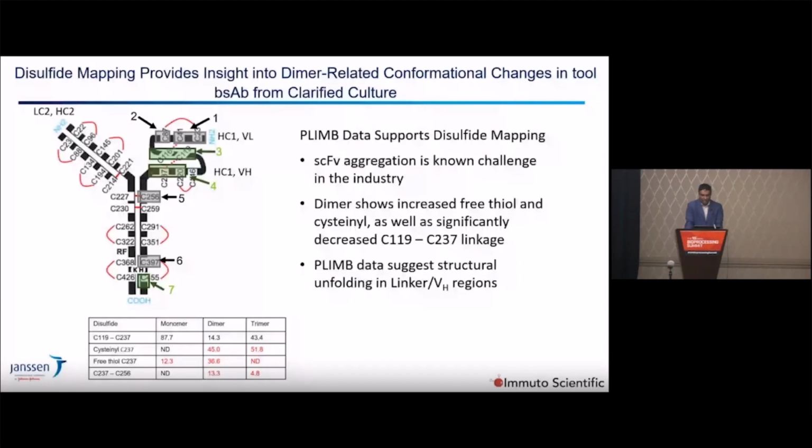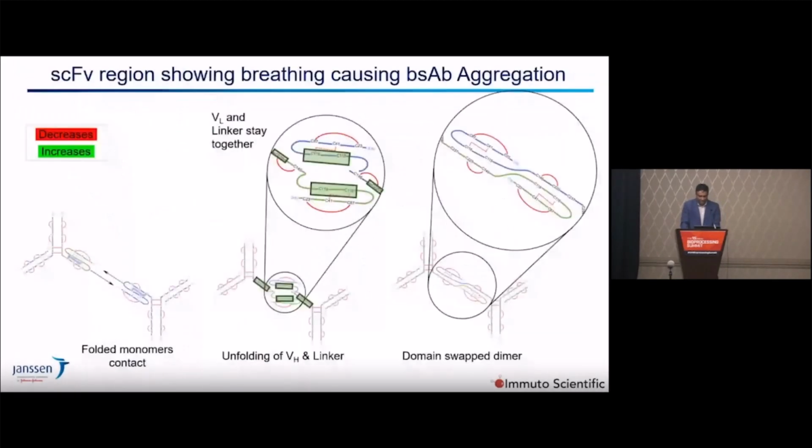And we believe that dimerization is therefore happening at these regions where the linker and the VH domains are opening up due to the breathing motion of the scFv, which we call conformational dissociation, and that allows these antibodies to form these aggregates. That's the current hypothesis we have on this dimerization.